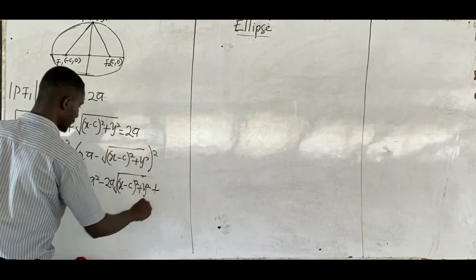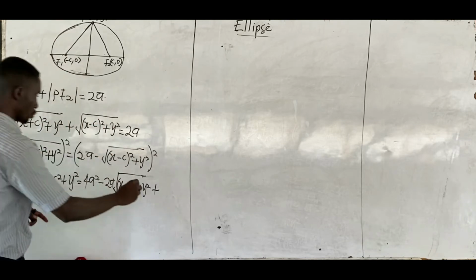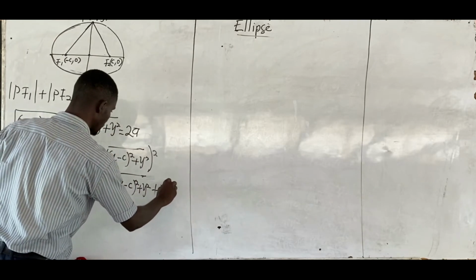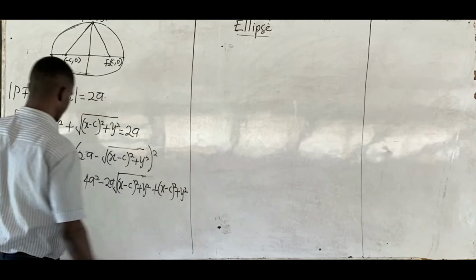Then plus the square of the square root, which gives x minus c squared plus y squared.